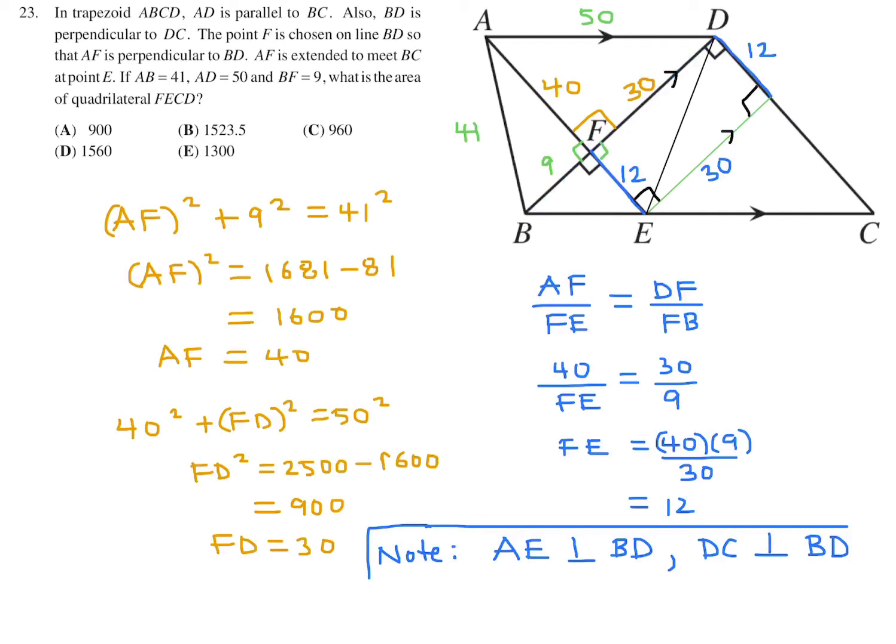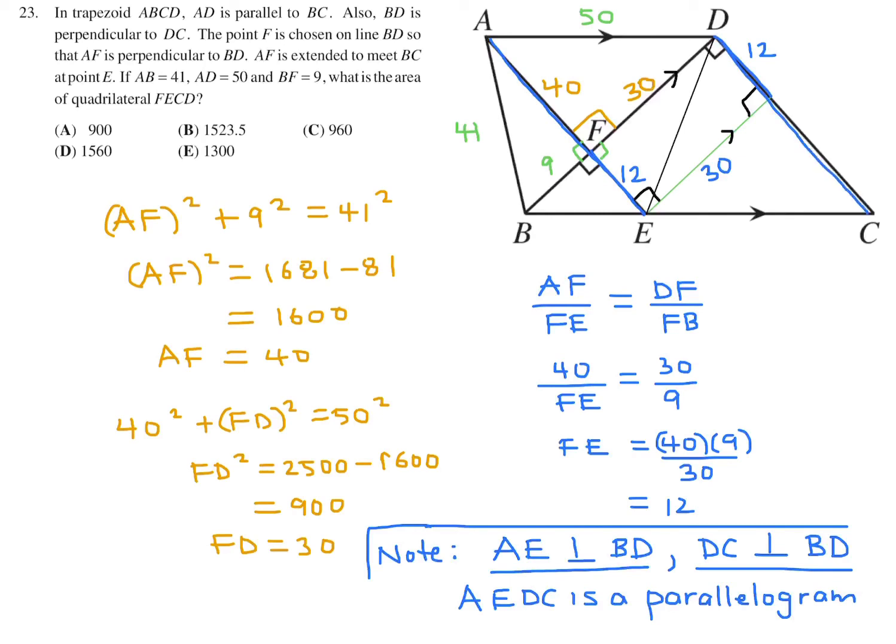So what does that mean if you have these two conditions? It means the following, that AEDC is a parallelogram. And that's a very important conclusion in this question, because since it's a parallelogram, these two sides are the same in terms of length, AE and DC.